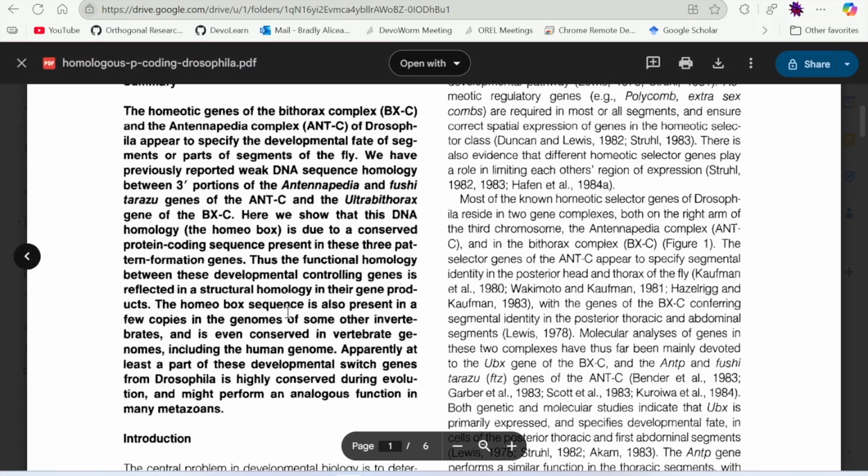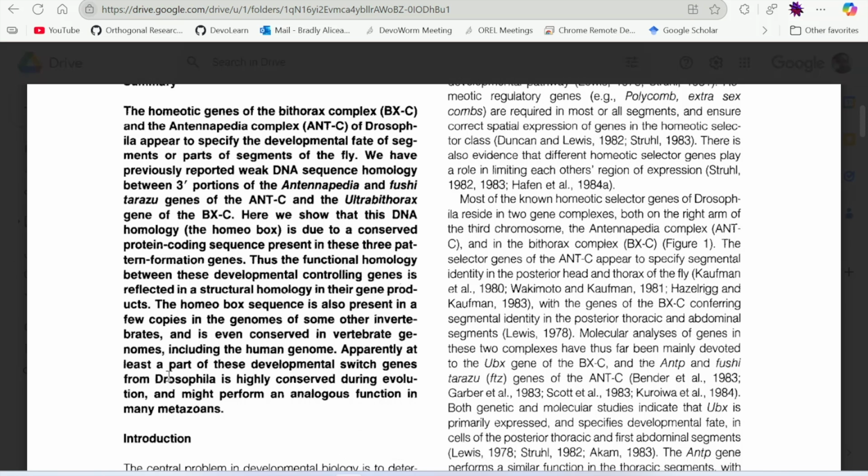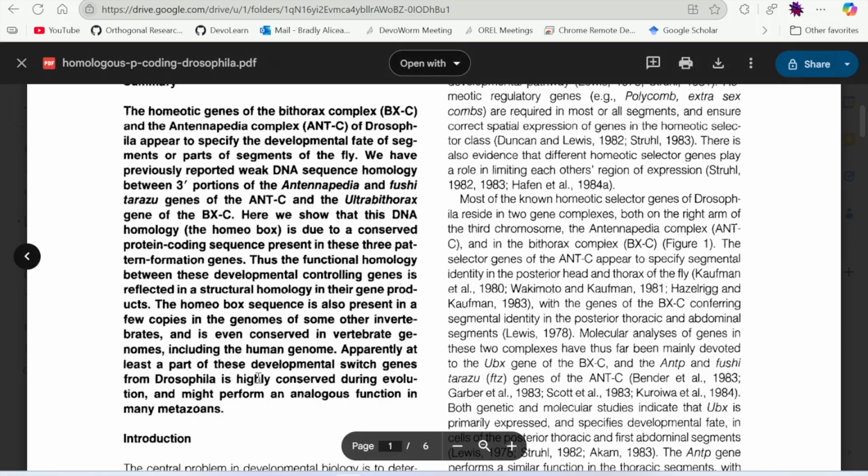The homeobox sequence is also present in a few copies in the genomes of some other invertebrates, and is even conserved in vertebrate genomes, including the human genome. Apparently, at least a part of these developmental switch genes from Drosophila are highly conserved during evolution and might perform an analogous function in many metazoans.